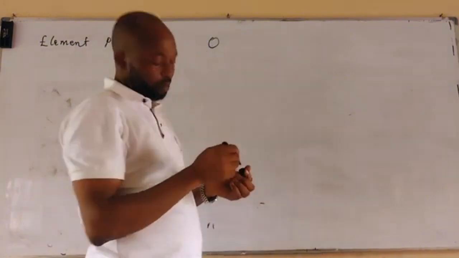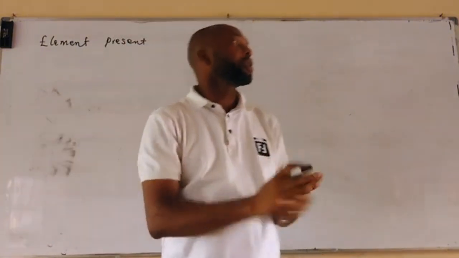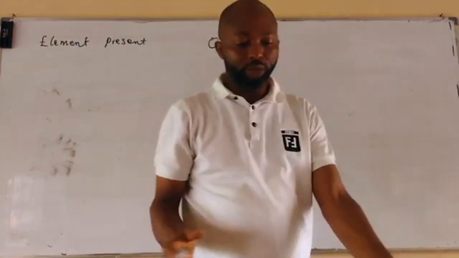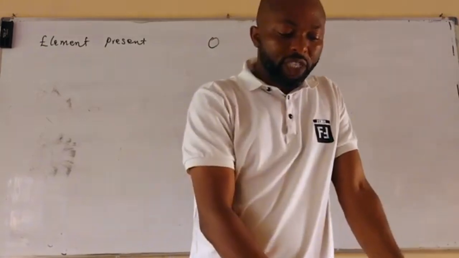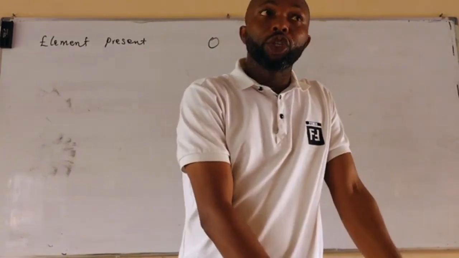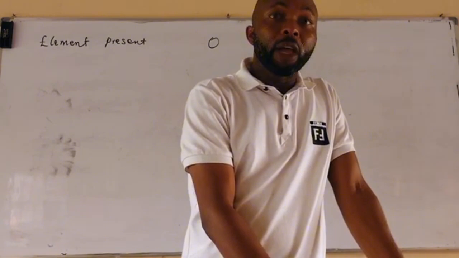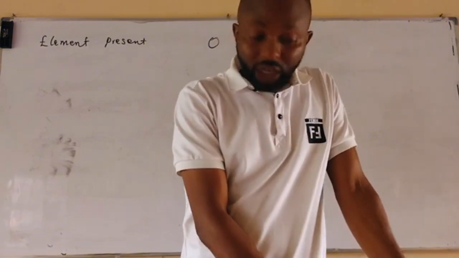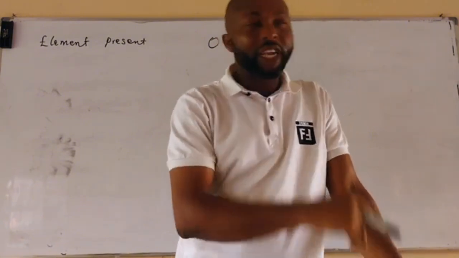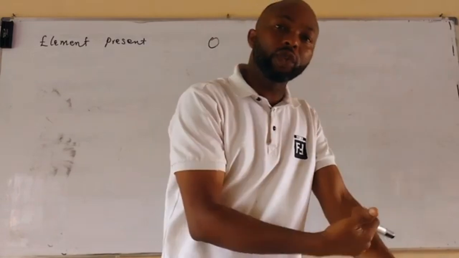Now, let me break it down. They say an uncommon oxide of nitrogen, but they give us the percentage of oxygen to be 63.2. We should know that it contains nitrogen, even when they did not give us. So we can now reposition our nitrogen, then oxygen.